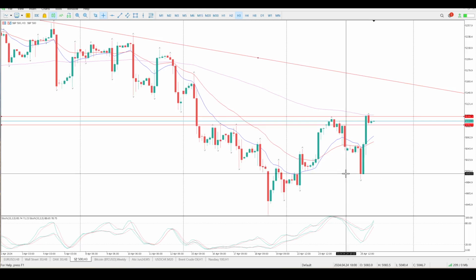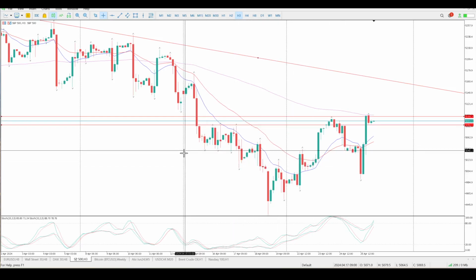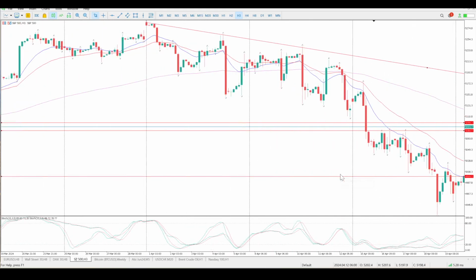Nothing more to add here. Fairly decent inside bar, missed all the structure. So you would have expected us, we were watching this area at 50.10 and 50.100 obviously, but there's 50.100 there roughly.